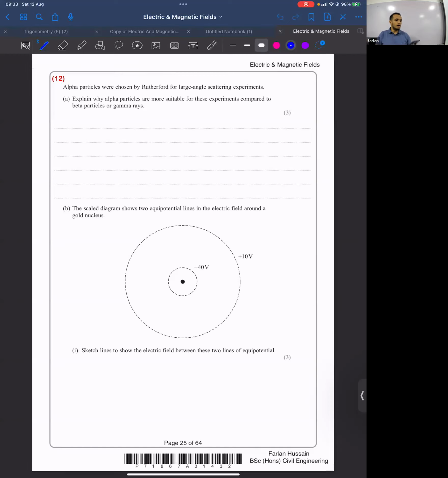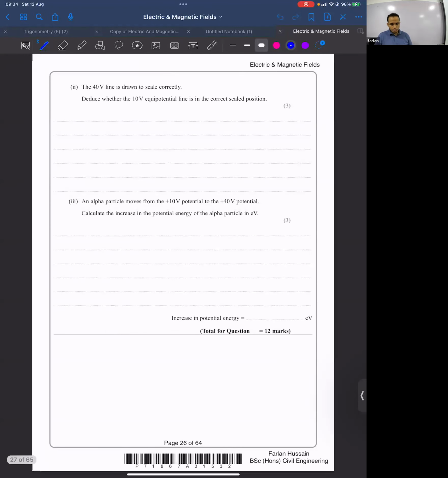Next, question number 12, part B. Can you do 12 part B? Use a pencil.